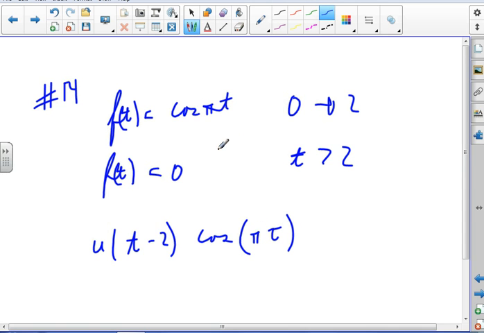Okay, so I'm going to change that. And then I'm going to look at my theorem, and I'm going to say, how come I don't have what I want?